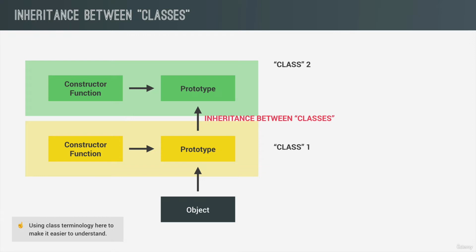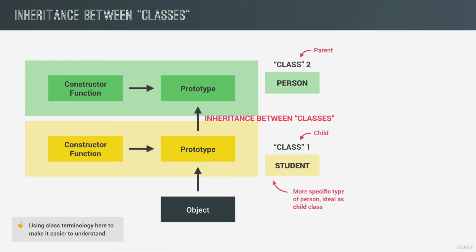So we will create a new student class and make it inherit from the person class that we have been using so far. So person will be the parent class and student will be the child class. That's because student is basically a subtype of a person. So a student is also a person, right? But it is a more specific person.